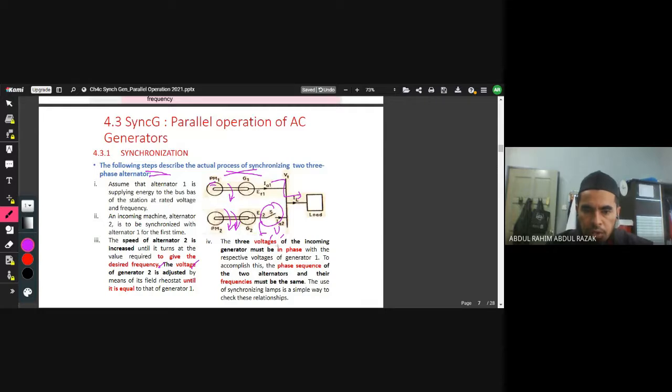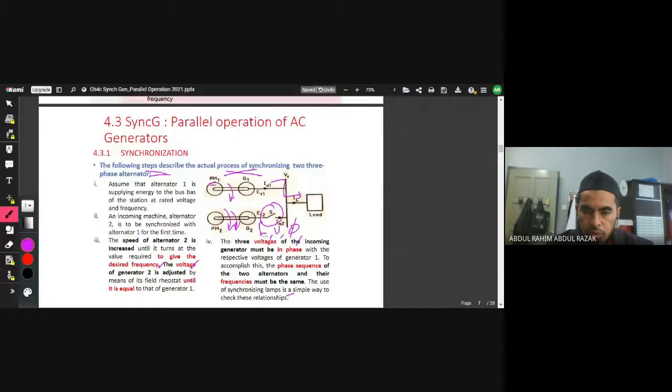And the three-phase voltage of this G2 also must be in phase. So your phase also must be at the same ABC as G1. So to confirm whether these parameters already comply or not, we have to use the synchronization lamp. This is the simplest way to check the relationship.